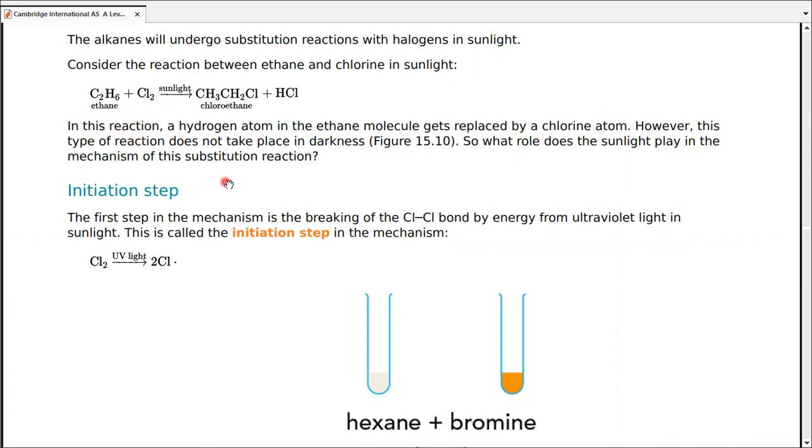So talking about this reaction, a hydrogen atom in an alkane molecule gets replaced by a chlorine atom. We call it substitution. Remember, since this is happening in sunlight, these are also photochemical reactions, but they actually fall under multiple categories of reactions. So what role does the sunlight play? I hope you get the point.